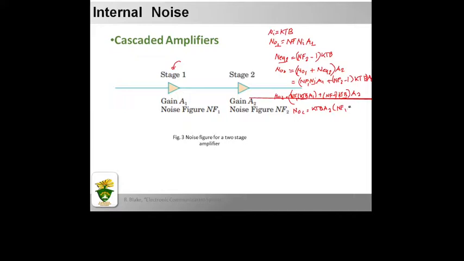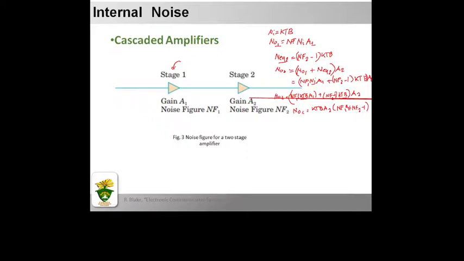NF1 A1 plus NF2 minus 1. So we have the output noise KTB A2 times NF1 A1. I forgot A1. A1 plus NF2 minus 1.